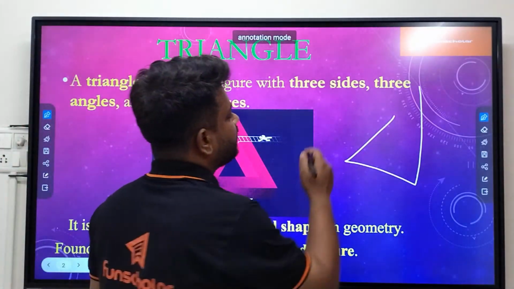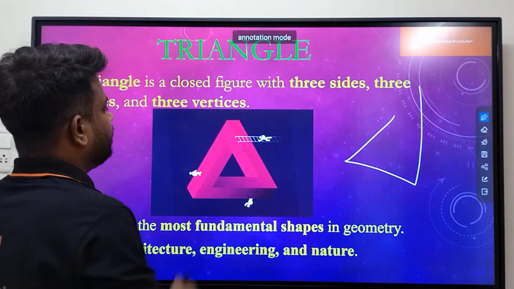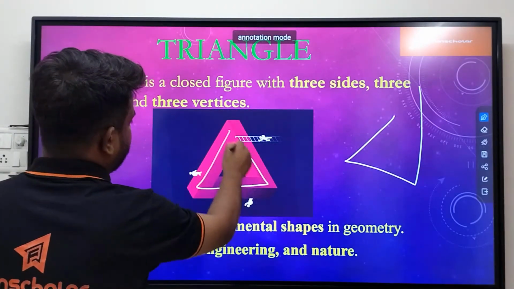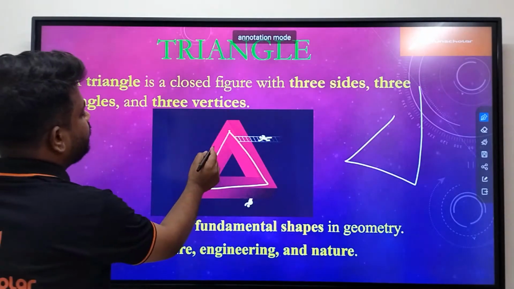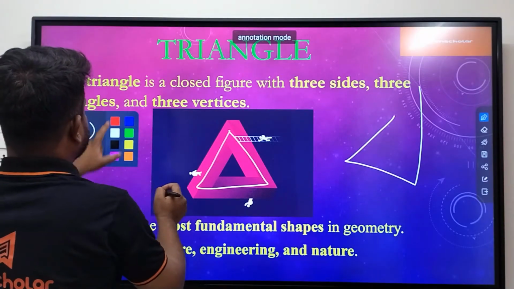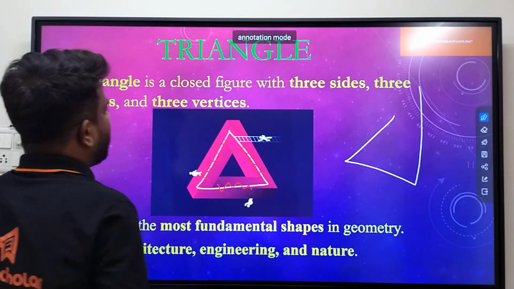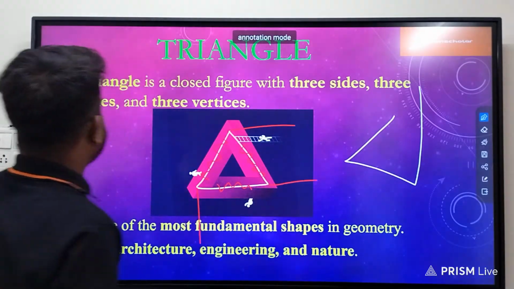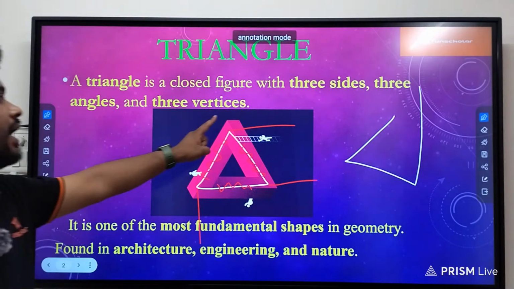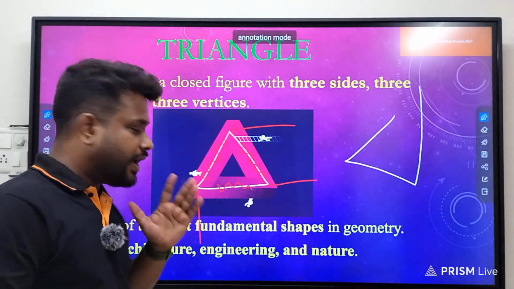So that's why this figure won't be considered a triangle, but this figure will, because this is a closed figure which has three sides, this one and this one, and three vertices. So these three vertices are this one, and this one. So this will be considered a triangle.